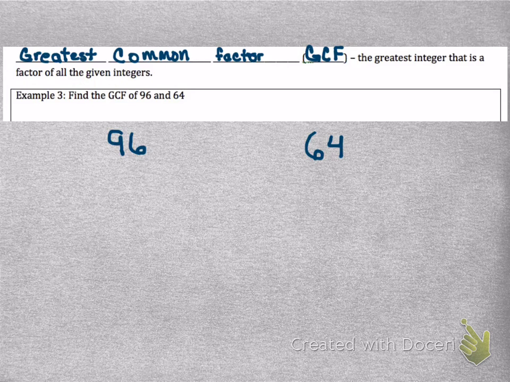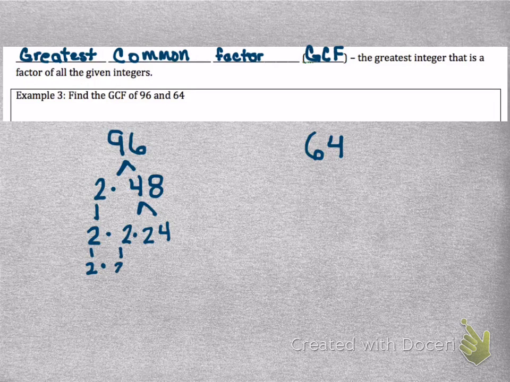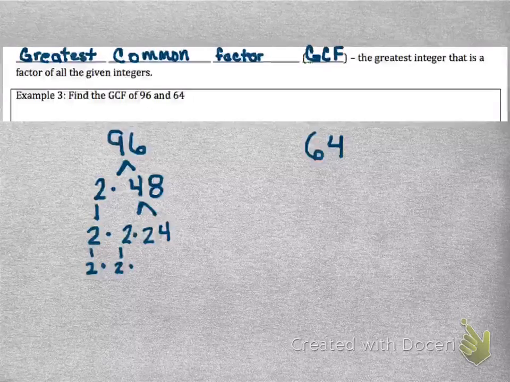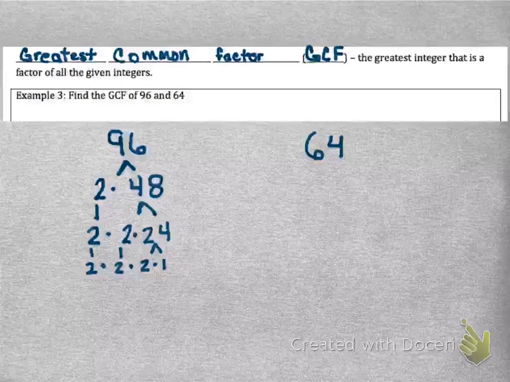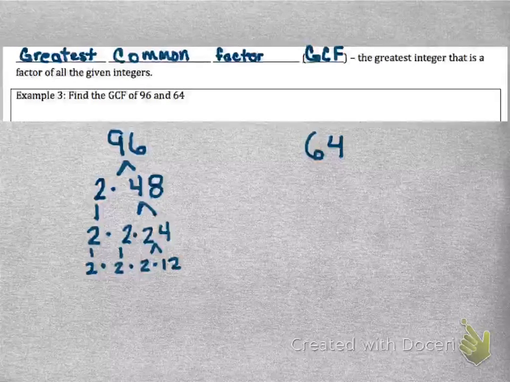So 96 I'm going to break down. I know it's even, so it's divisible by 2. Okay, that's 2 times 48. 2 is prime, so I just bring that down. 48 is even as well, so I can break that down into 2 times 24. My 2's are prime, so I just continue to bring those down. And 24 I can break into 2 times 12. Again, my 2's are prime.